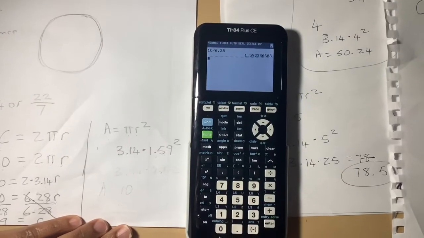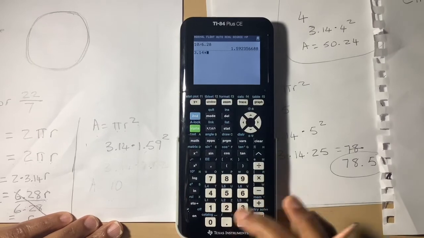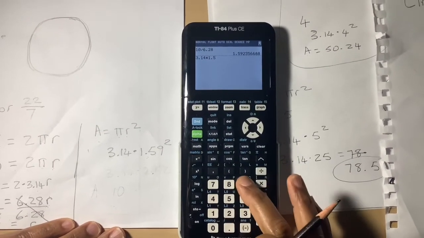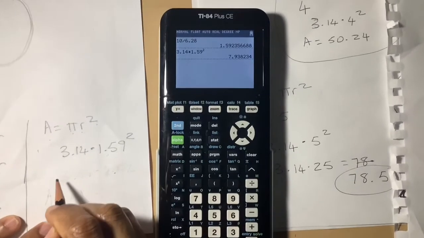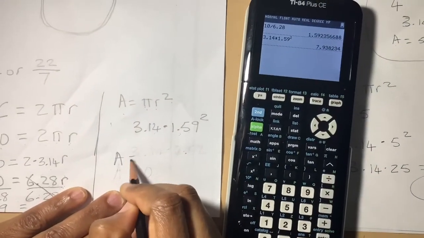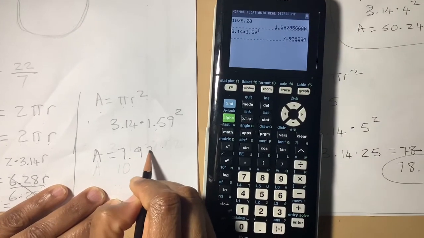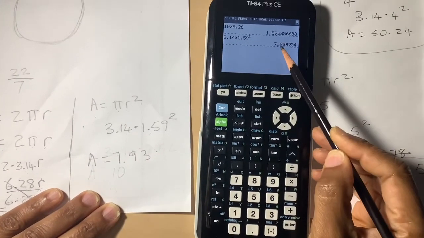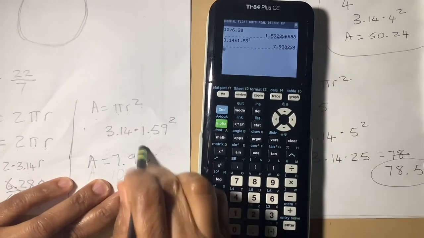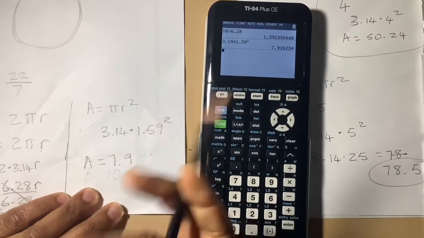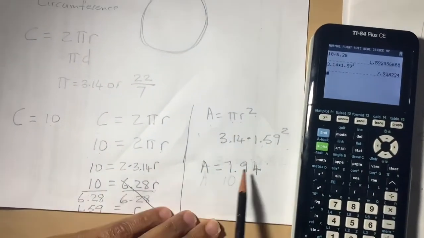Let's punch in 3.14 times 1.59 squared. Enter. So area is equal to 7.94. And that's your area.